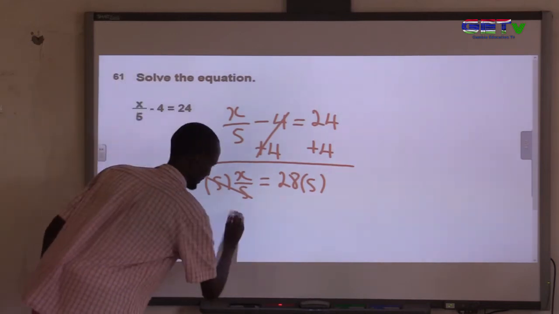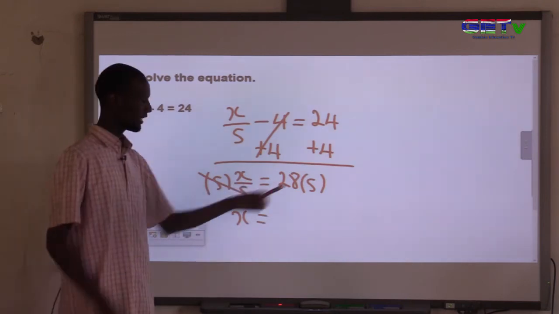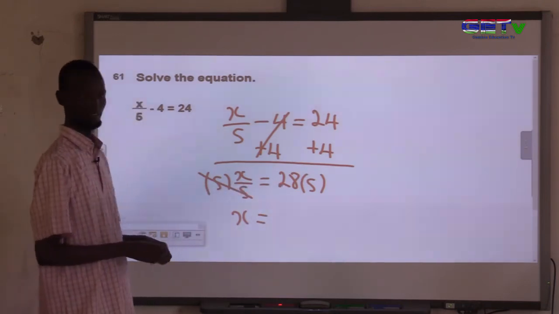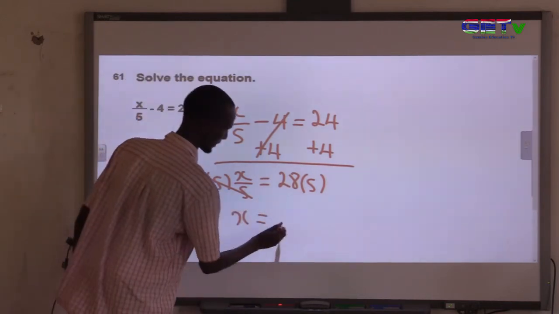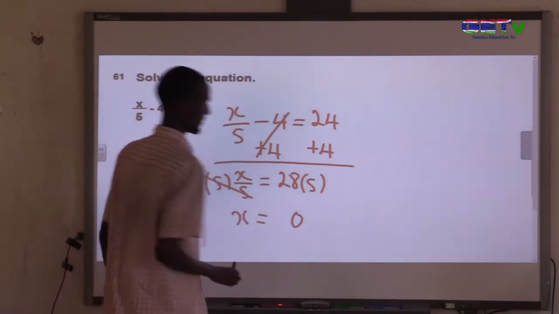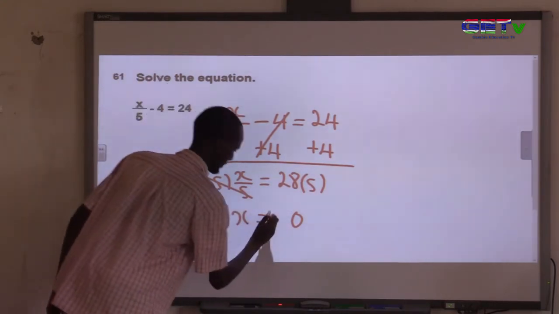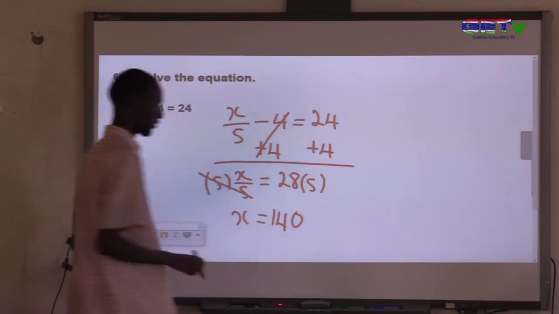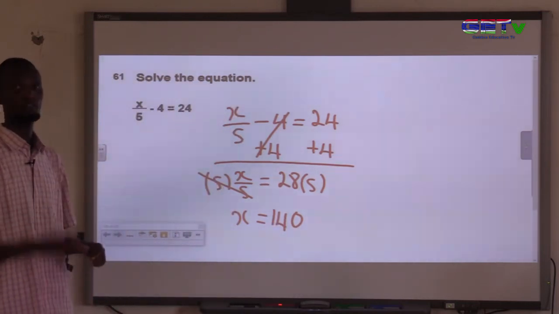And then you are left with x there now. If you multiply 28 by 5, we know 5 times 8 is 40. That will be 0, carry 4. And 5 times 2 is 10 plus the 4. That will give you 14. So therefore, our solution to this question would be x equals 140.